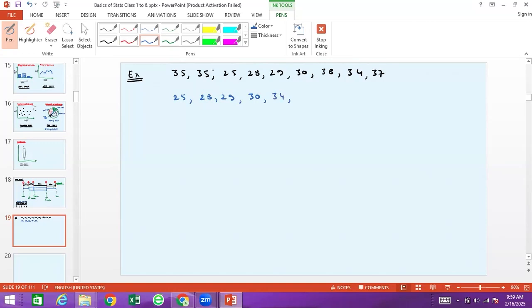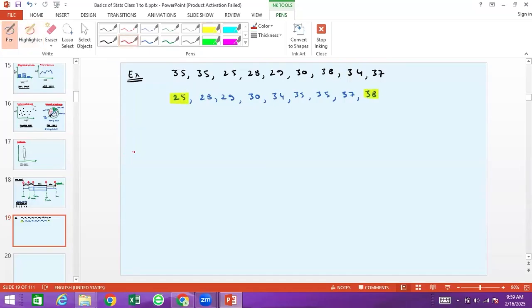Then 35, 35. Then 37 and 38. The first part is always sorting the data, because after sorting it, you will be able to find at least 2 of those 5 points.